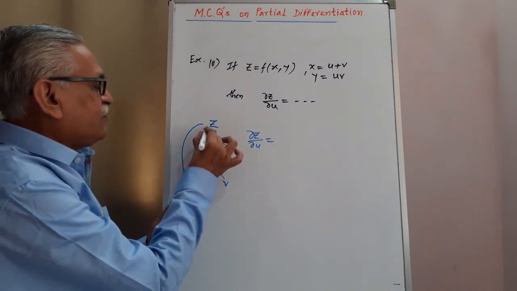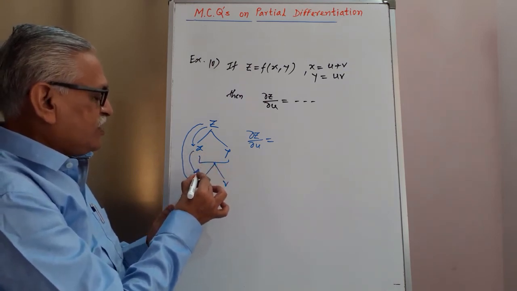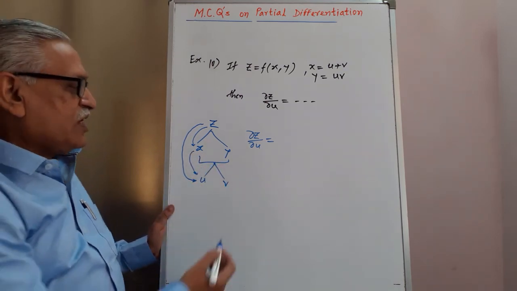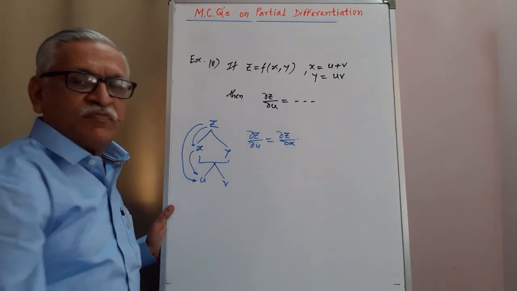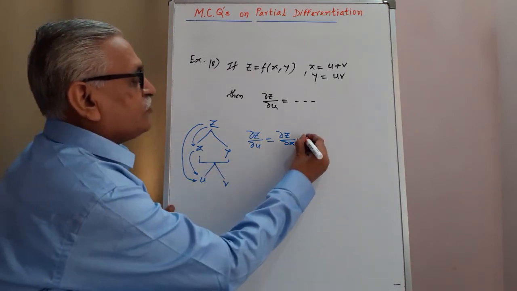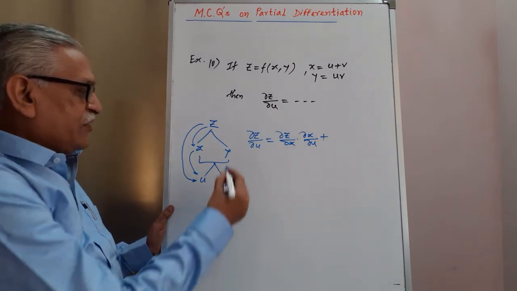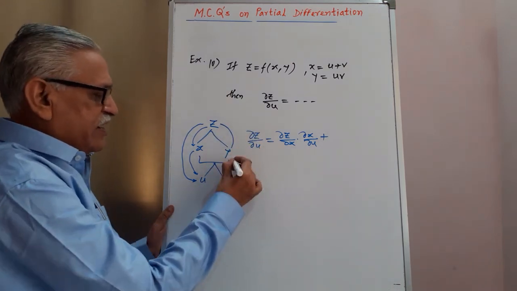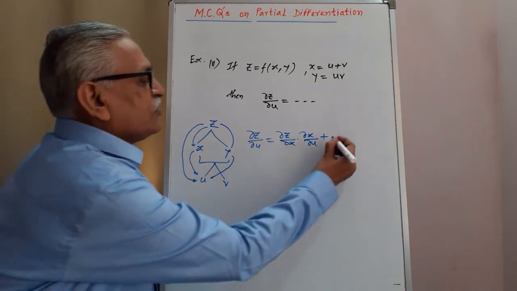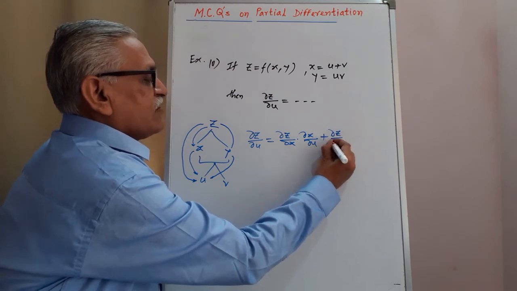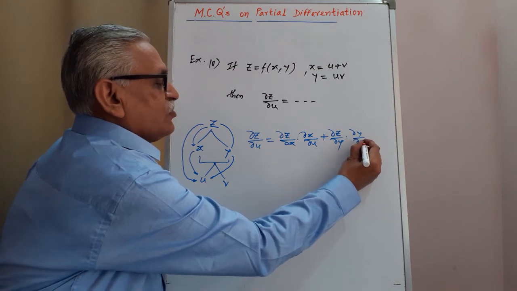We have to differentiate z first with respect to x and then x with respect to u, as it is a function of function, applying the chain rule, and therefore it is ∂z/∂x into ∂x/∂u, plus differentiate that z with respect to y and then again y with respect to u, and therefore ∂z/∂y into ∂y/∂u.